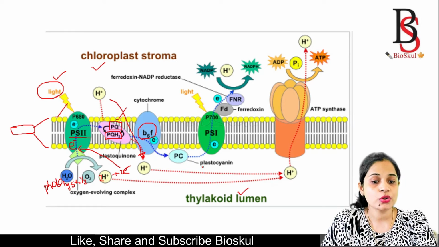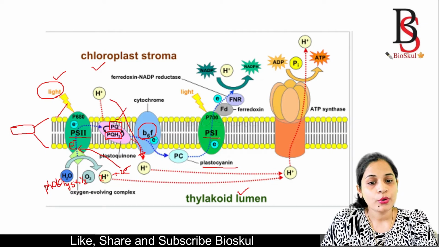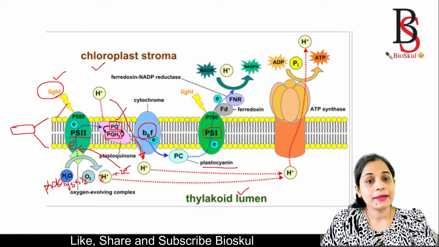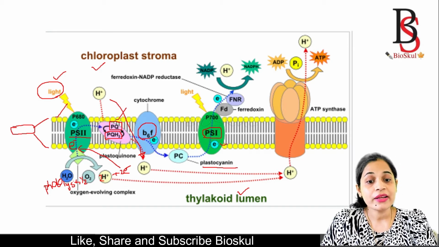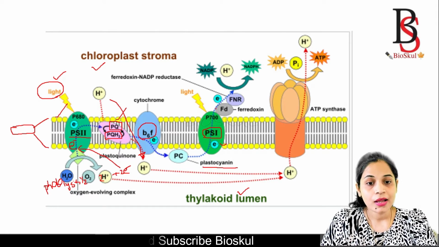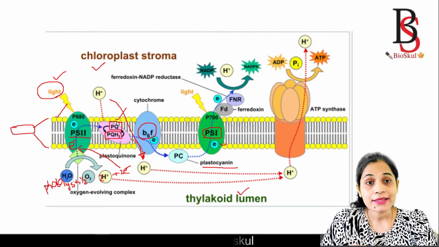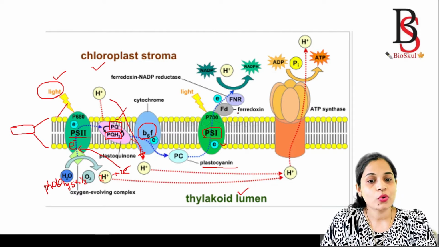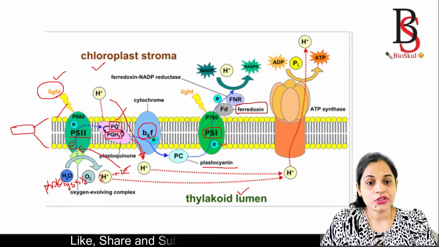Now the electron is in a low energy state, and from the cytochrome b6f it moves to the next electron carrier, plastocyanin, and from the plastocyanin it moves to photosystem 1. When it is excited by the light, the electron is transferred to the next electron acceptor, known as ferredoxin.